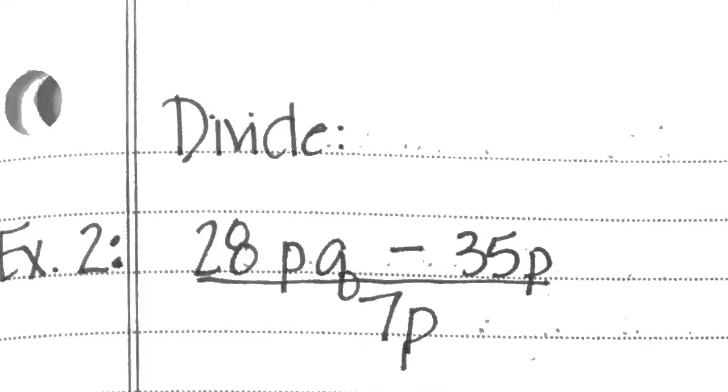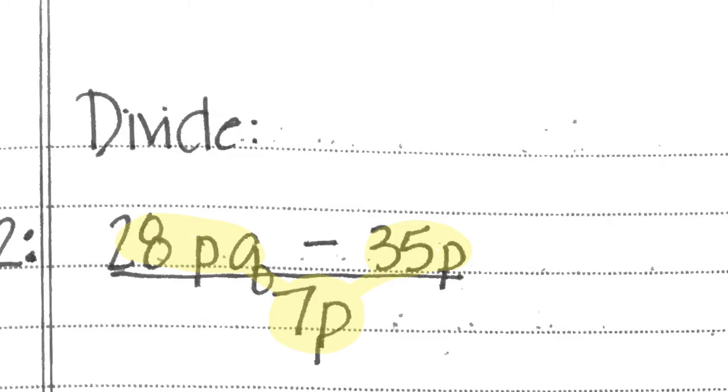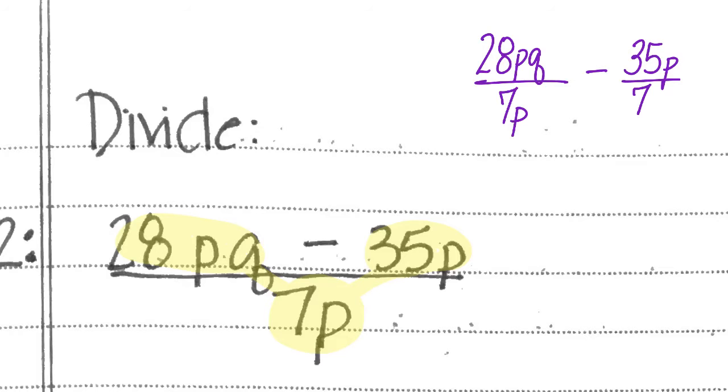So let's go ahead and look at this one. This 7p has to go into this 28pq, and this 7p has to go into this 35p. I'm going to write this separately so you could see it. 28pq over 7p minus 35p over 7p.